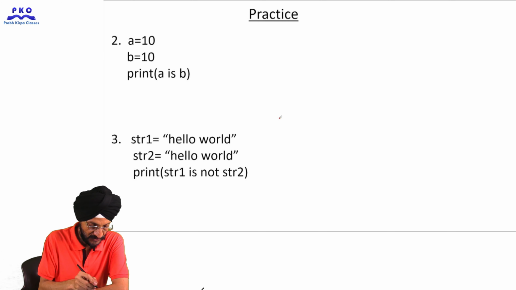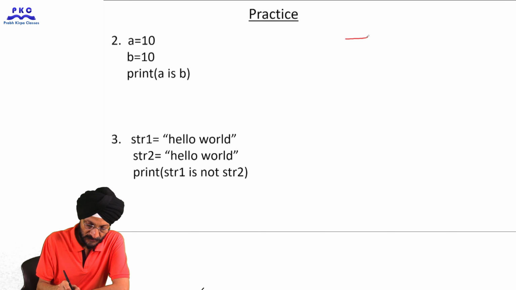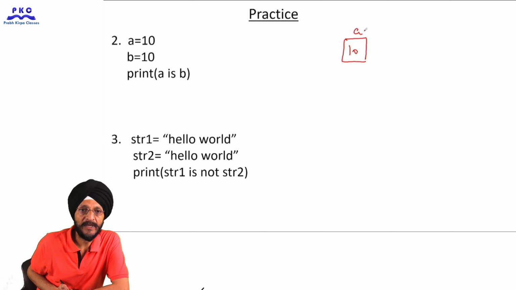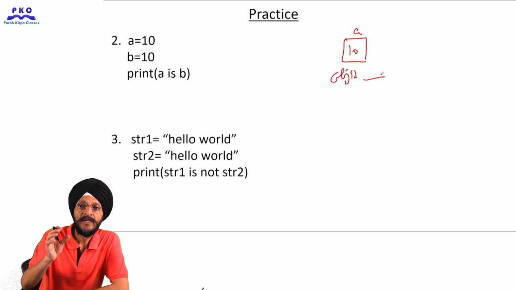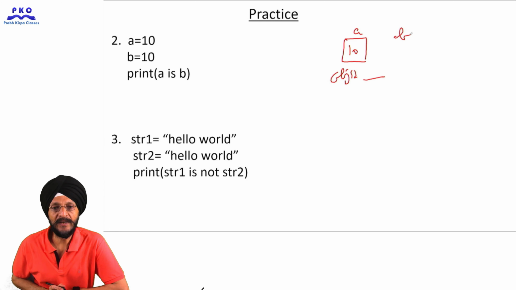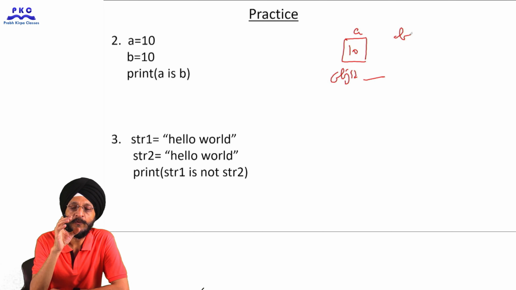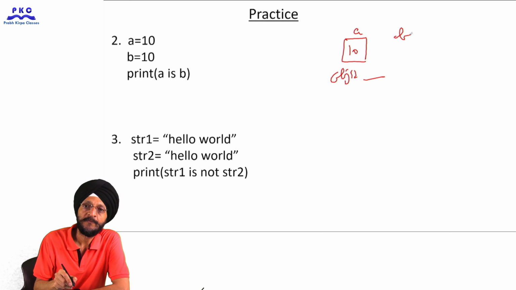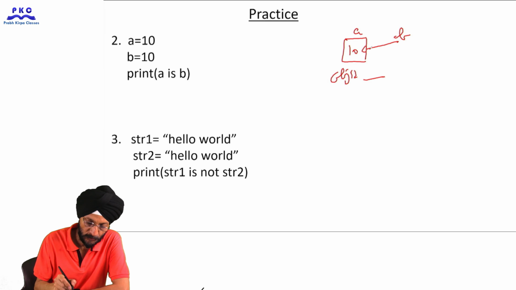So now another: a is equal to 10, b is equal to 10, print a is b. This is the say object 10. This is the variable name a given to it. This is the object ID where it is stored in memory. And when the b variable is created with the same value, then the memory manager of Python will store this object at the same memory location.